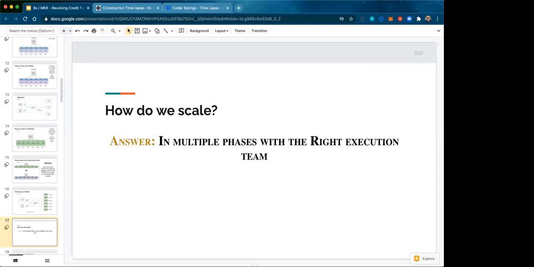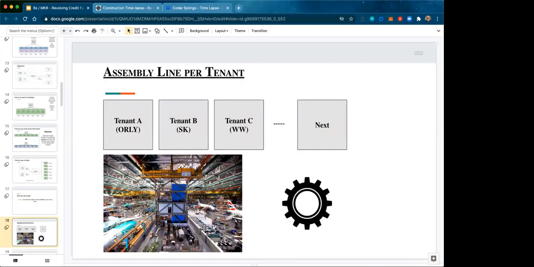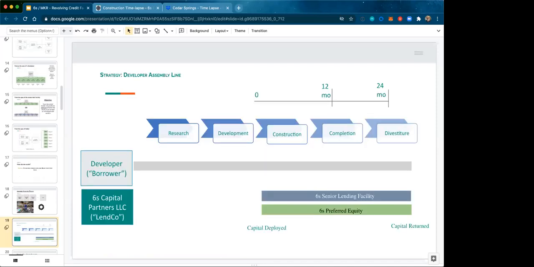So how do we do this at scale from a 6S Capital perspective? We do it with an execution team and we break everything down into phases. Different tenants, different structures, just like we're building an aircraft. We start off by figuring out how much we're going to need in terms of time. We make the developer, the borrower in this case, do all of the front-ended research and all of the development work that we never even see or touch.